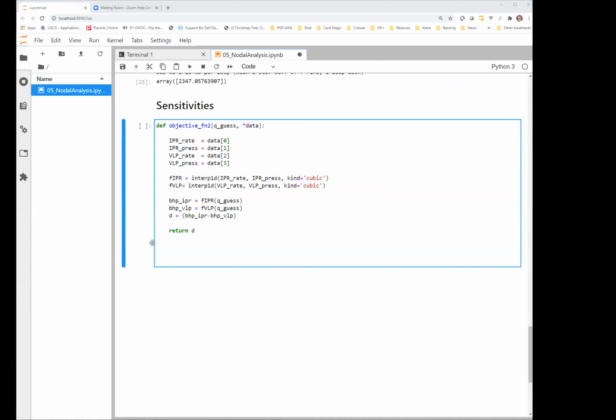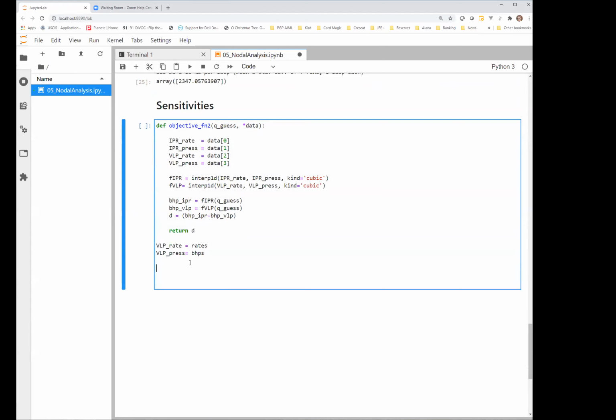If we redefine here the rates, the pressure is exactly the same. Instead of pressure now, I have a vector or a list with, in this case, 4 values.